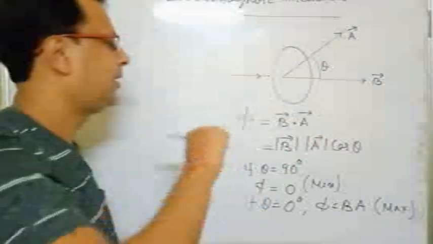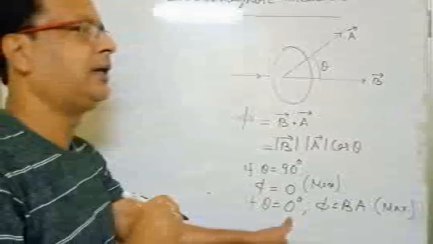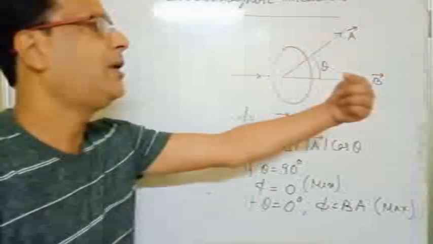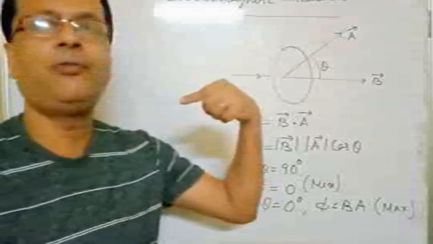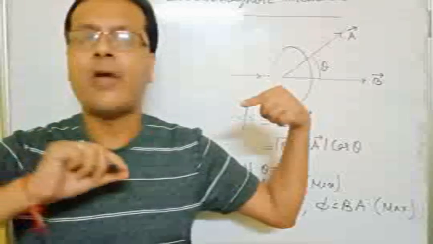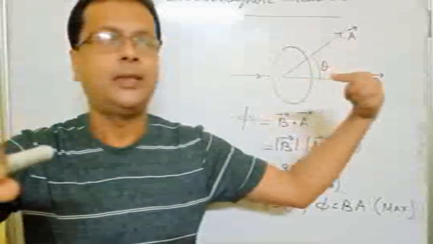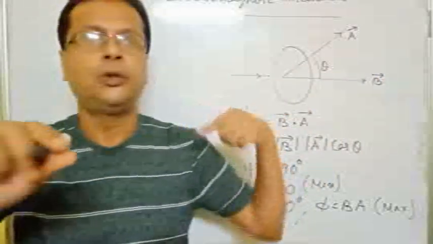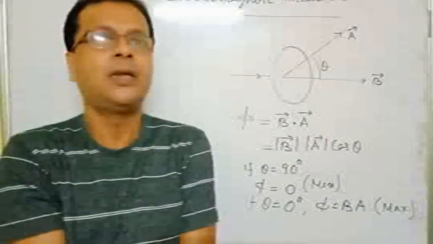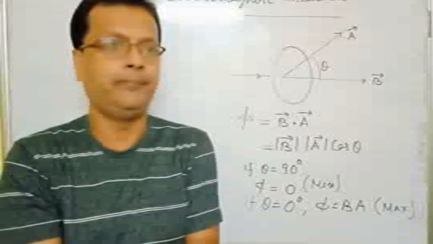So the angle between them is 0 degrees. Flux is maximum. Now if the wind is going in this direction and you turn this way, your area vector is in this direction and the direction of wind is this direction. So the number of air particles hitting you is very less, or minimum.